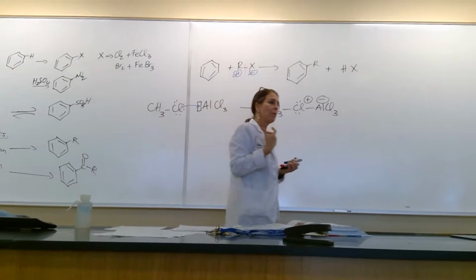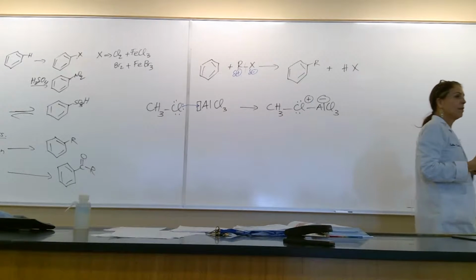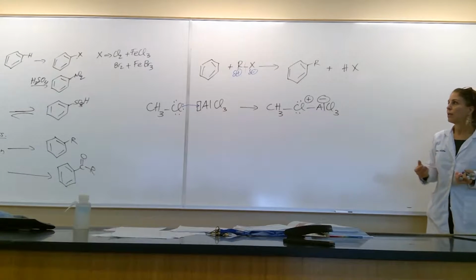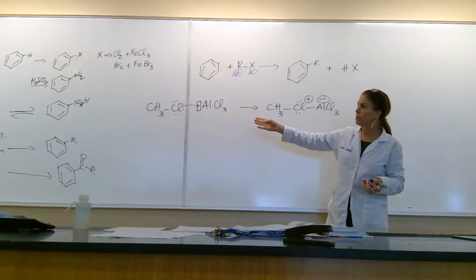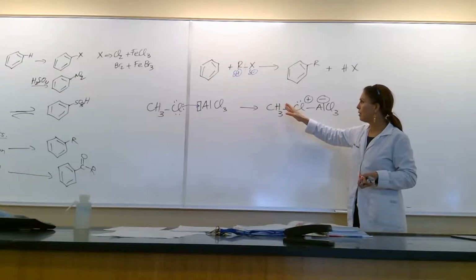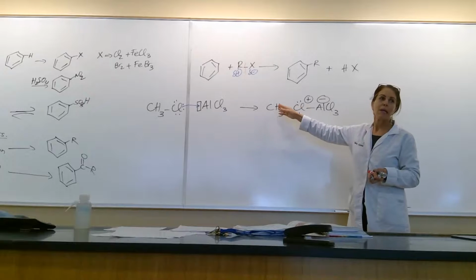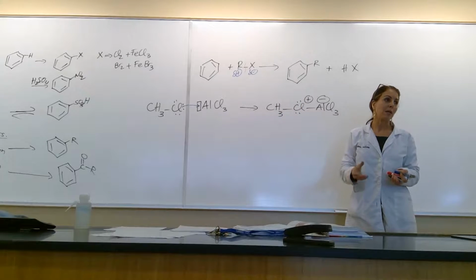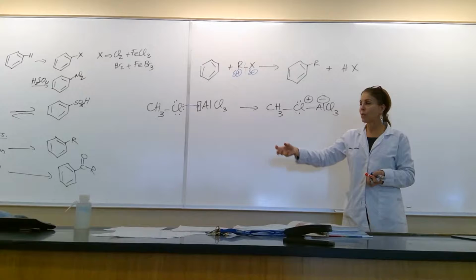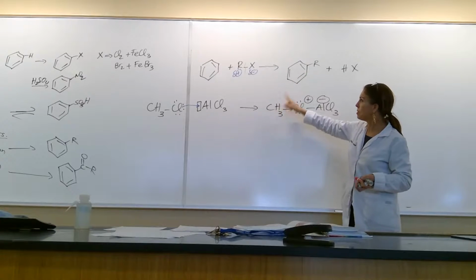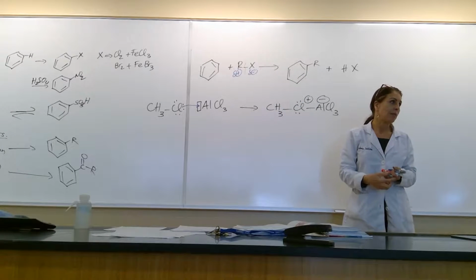Okay, so what's the purpose of this? You might say, okay, the CH3 can leave, but by creating this bond, it will be even more positive. It's like a real strong pull. So that pull will force this to attach to the benzene.